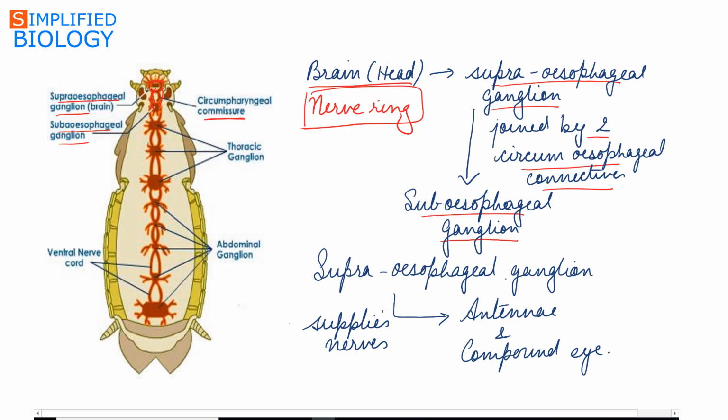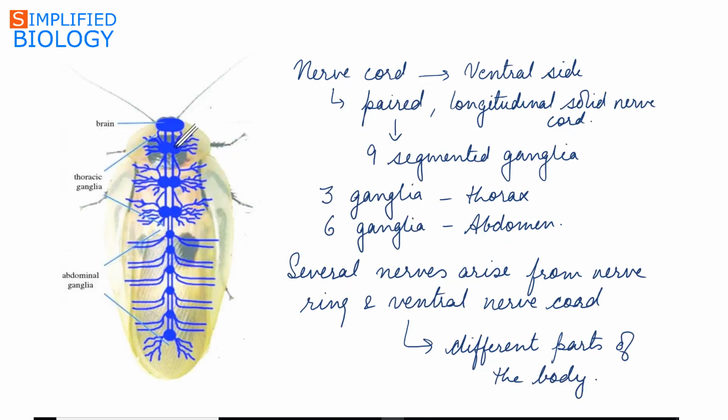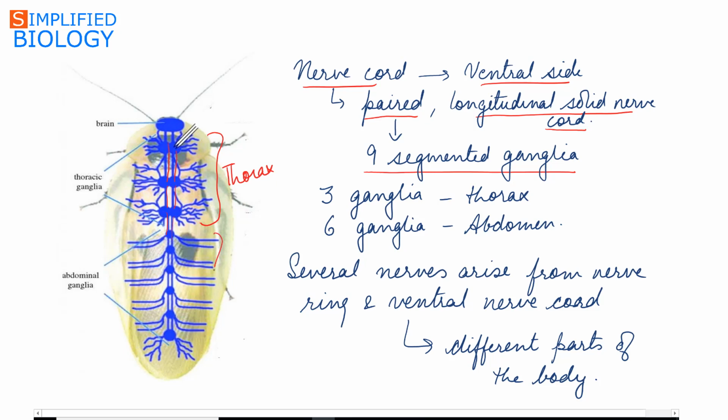The supraesophageal ganglion supplies nerves to the antennae and the compound eye of the cockroach. Now the ventral nerve cord, that is the nerve cord present on the ventral side, has paired longitudinal solid nerve cord that has 9 segmented ganglia. 3 ganglia are present in the thorax region, while the rest 6 ganglia are present in the abdominal region.